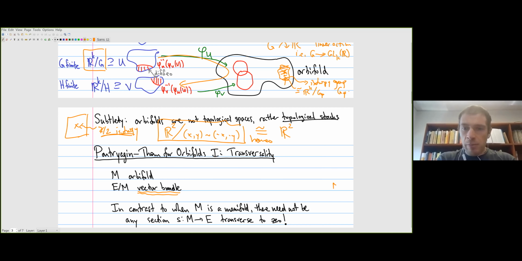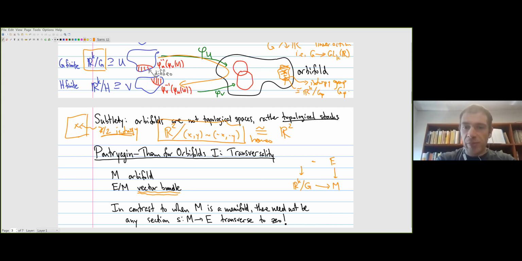So if you have M and E, there are local charts where M is R^k modulo G. Every orbifold is locally of this form.